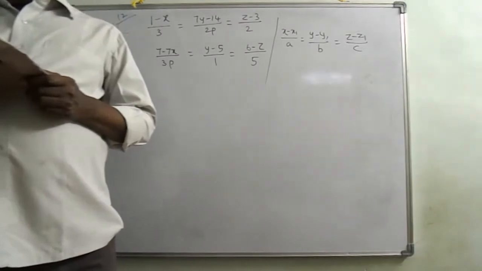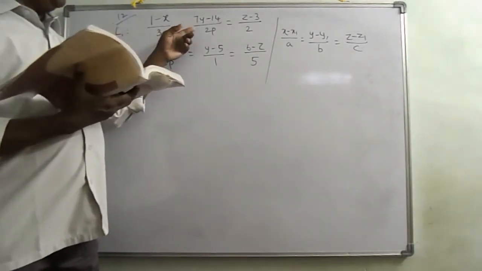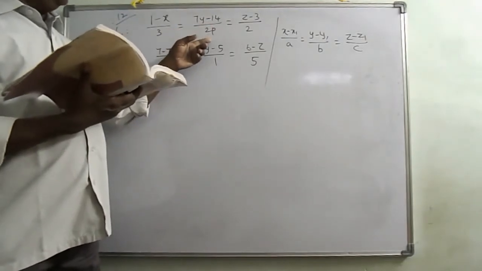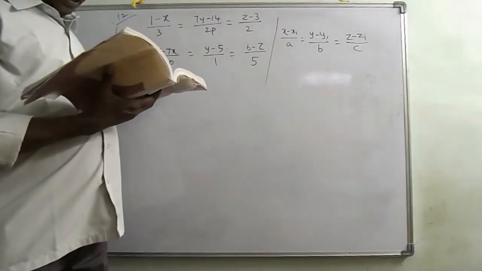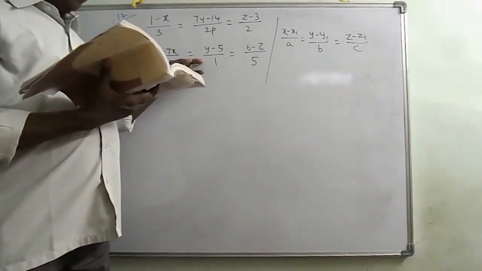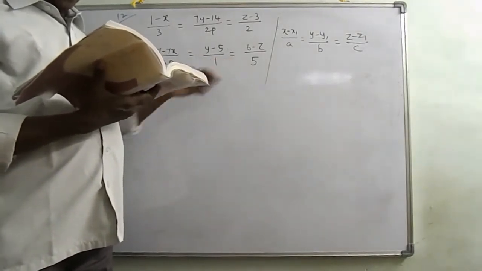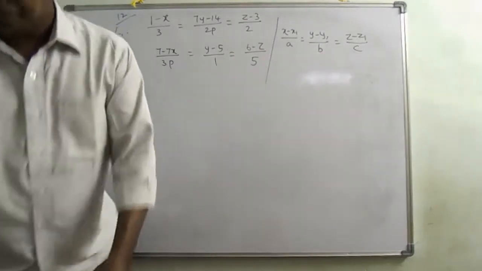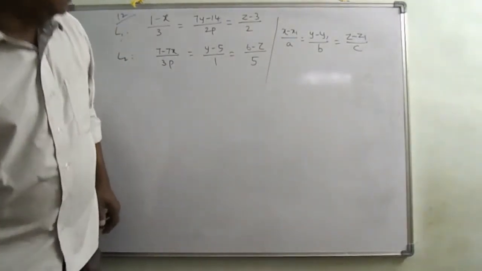Find the values of p so that the lines (1 minus x) by 3 equal to (7y minus 14) by 2p equal to (z minus 3) by 2, and the other line (7 minus 7x) divided by 3p equal to (y minus 5) divided by 1 equal to (6 minus z) divided by 5 are at right angles. Now the given lines are not in the standard form.